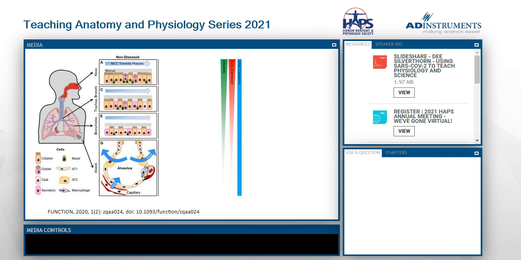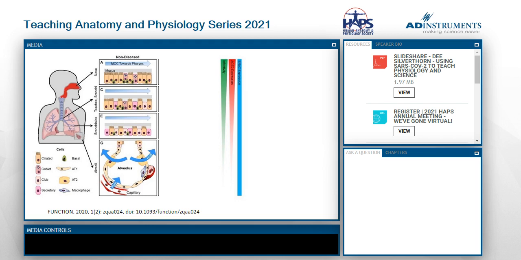So the defense for the airways, because they are faced with both keeping pathogens out but exchanging gases, starts in the upper airways with the mucociliary escalator, where you have mucus being produced and the ciliated epithelial cells then beating it upward into the oropharynx, where it can either be coughed out or swallowed. And so you see the three levels there all the way down to the level of the bronchioles.